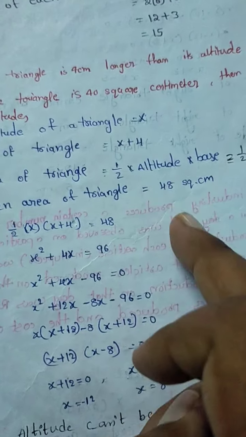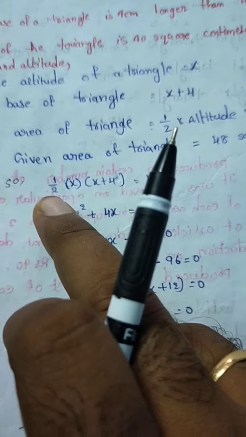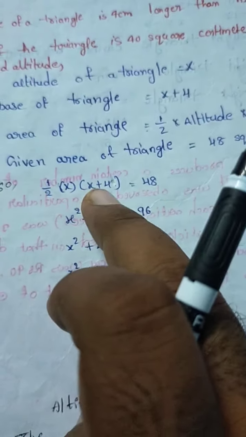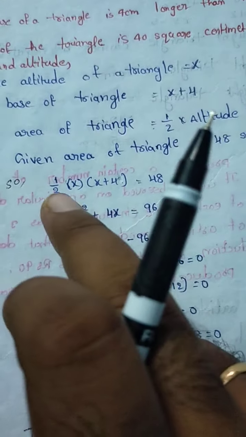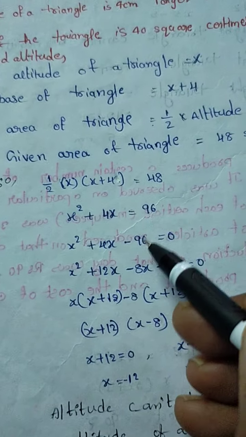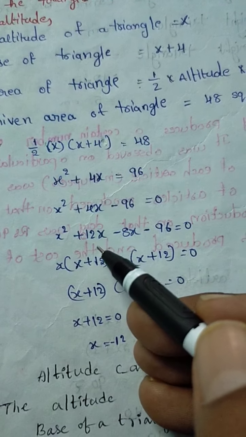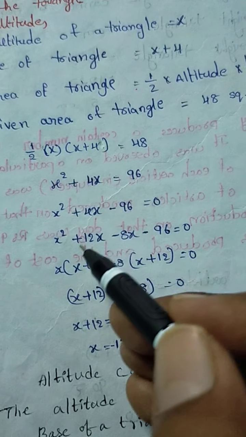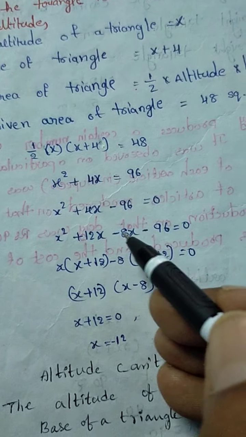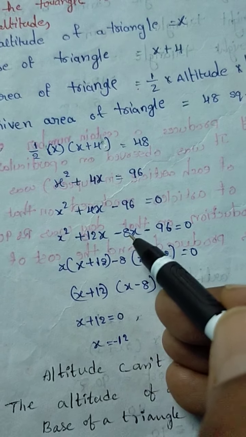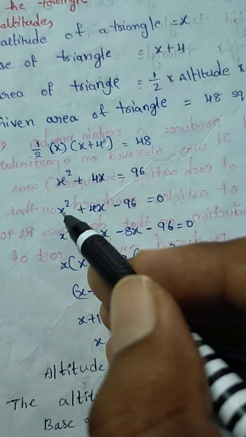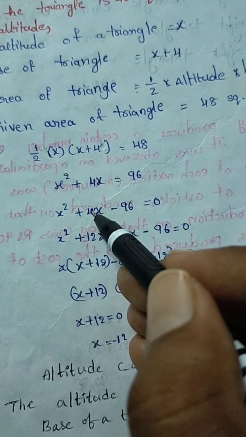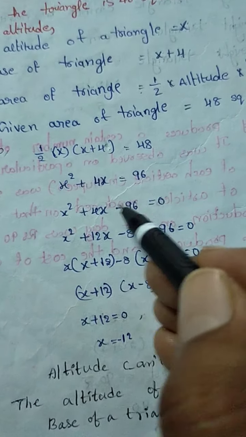Half into x into x plus 4 equals 48. Multiplying by 2, x square plus 4x equals 96. Moving 96 across, x square plus 4x minus 96 equals 0. Take any two values whose sum is the middle term and whose product is the product of the last two terms, 12 into 8 is 96.